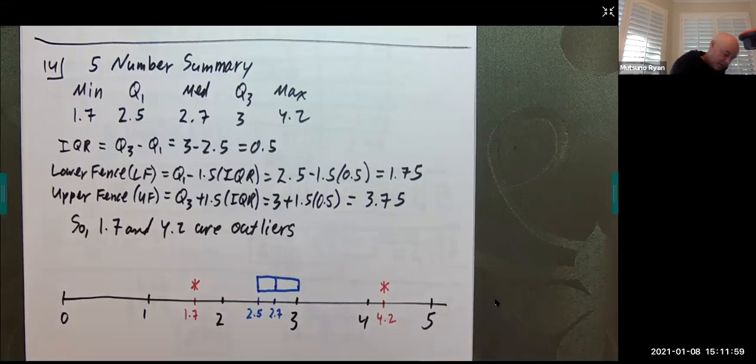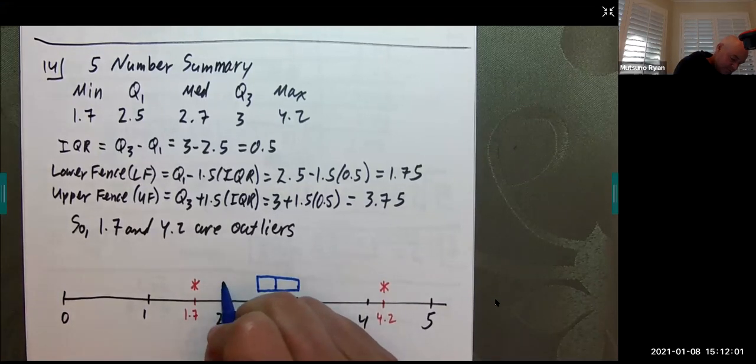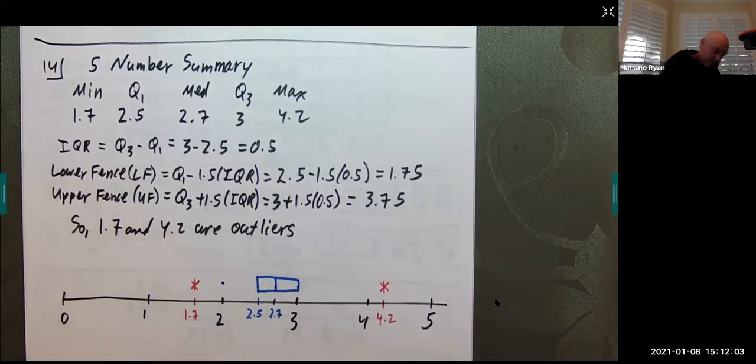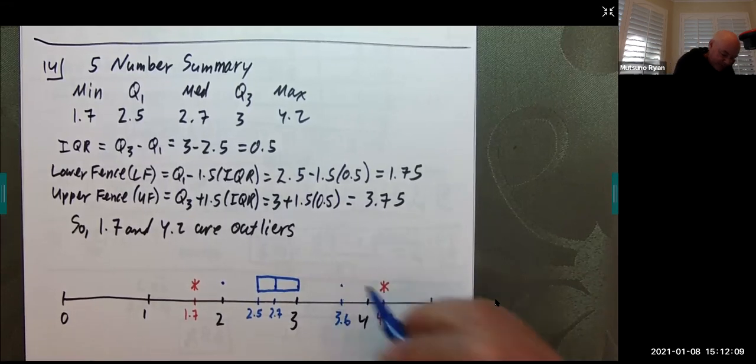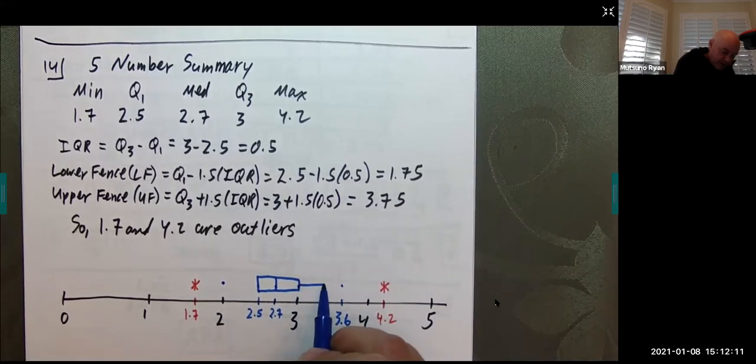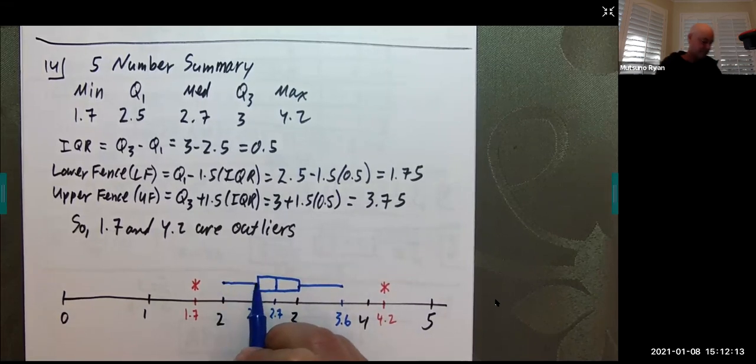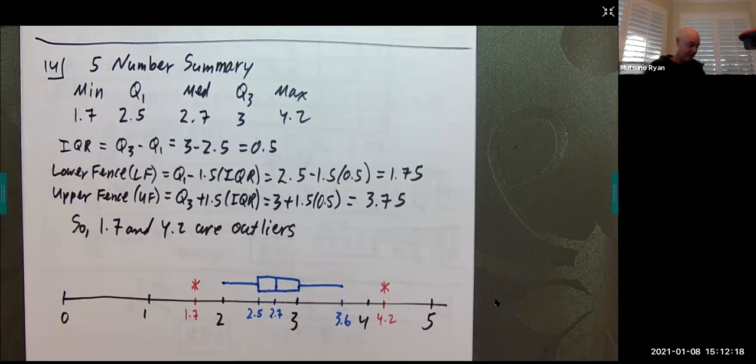So my lower is going to be the 2, and my upper is going to be the 3.6. And here are my whiskers. Modified box plot with the outliers. I hope that helped. Thanks.